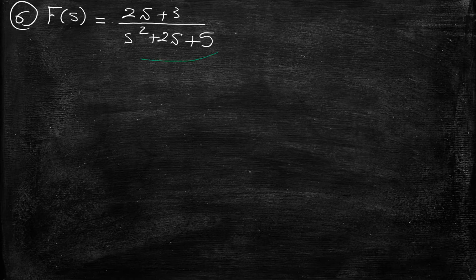First of all, if we consider this quadratic equation in the denominator, this can't be factorized. You can try, but again, it can't be factorized here. So we need to see if we can complete the square or not.